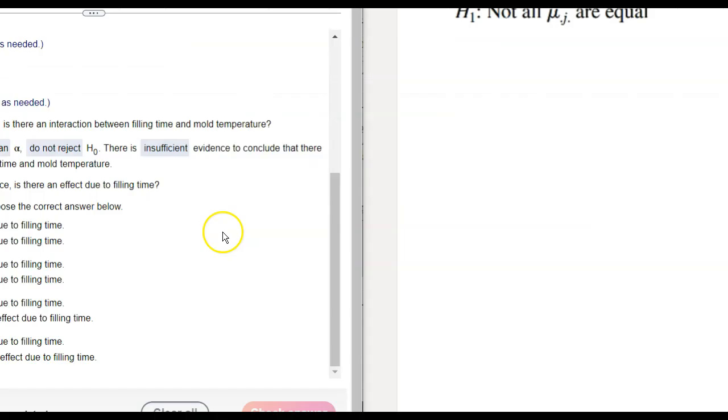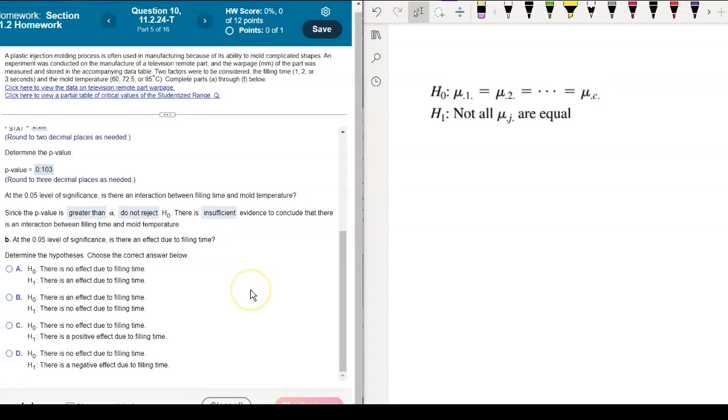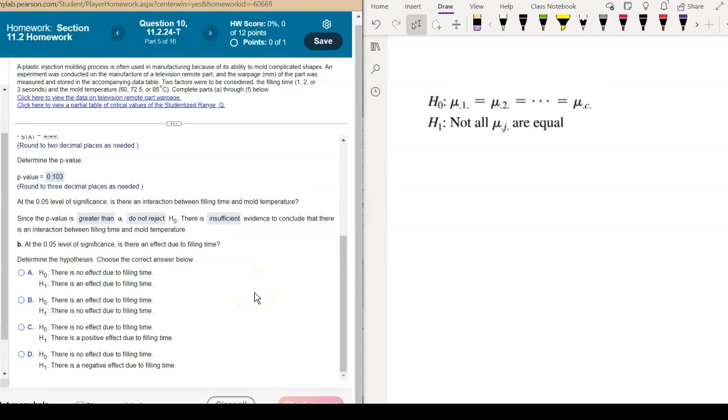Okay, all right, so for question B we are doing basically almost the same thing that we did with the interaction, but we are focusing right now on one of the effects, either A or B. The effect that we are focusing on is the filling time, filling time 1, 2, and 3. So this is from your book, this is our standard for two-way ANOVA.